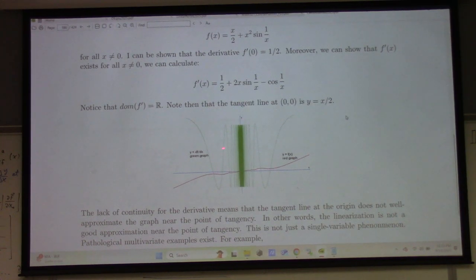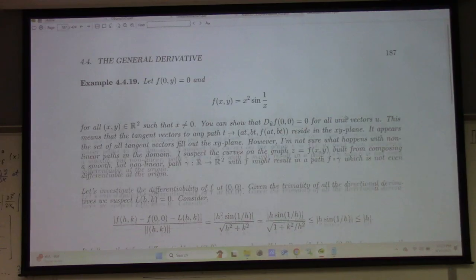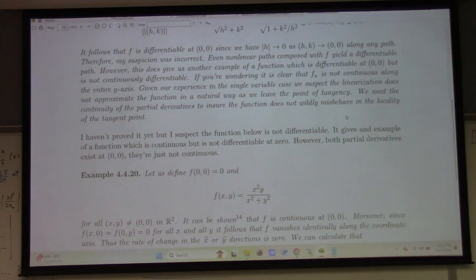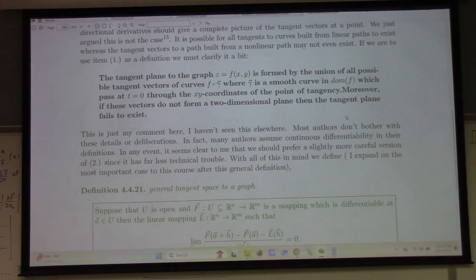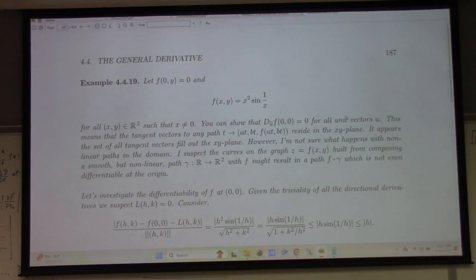This phenomenon of the lack of continuous differentiability making things nefarious continues in higher dimensions. But there are worse things for us in higher dimensions, like the directional derivatives can exist, and yet the general derivative does not exist.